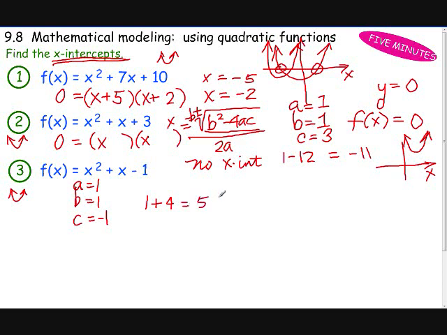So I have a positive discriminant. Let's use the quadratic formula to solve this. X is equal to negative b, so it's going to be negative 1, plus or minus the square root of the discriminant, which we already calculated, and it's over 2 times a.